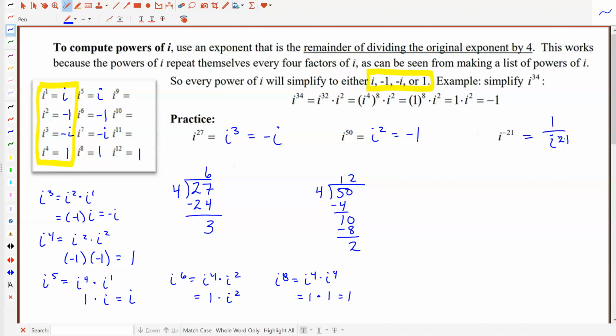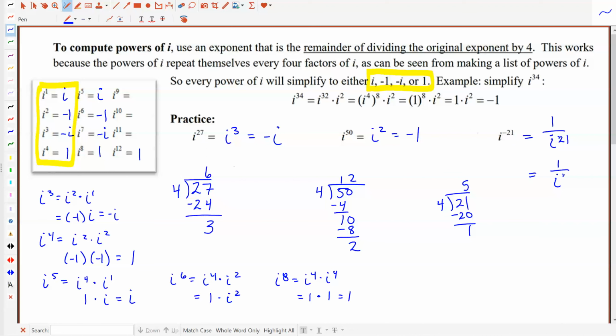Now that your exponent is positive, you can do your division. So 4 goes into 21 5 times with 1 left over. The leftover is the exponent I want on my i. So i to the 21st power is equal to 1 over i to the first power.